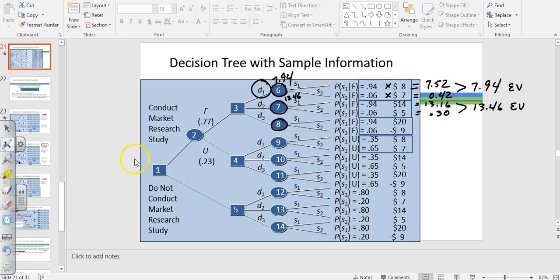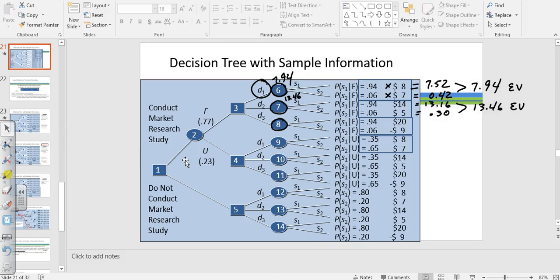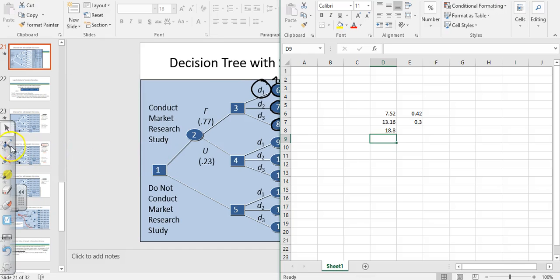And lastly, we have 0.94 times 20, which is 18.8. And then we have 0.06 times negative 9. Oh, forgot my equal sign. Always put the equal sign before the formula. Okay, that's negative 0.54.